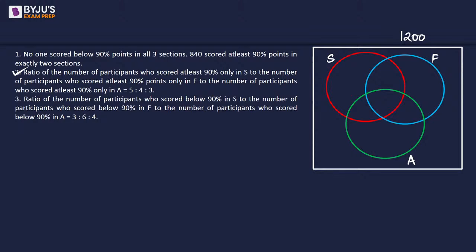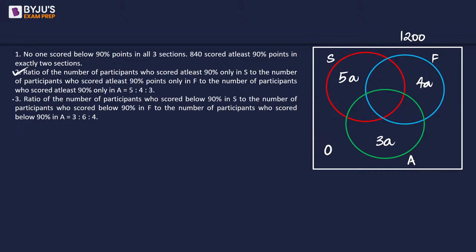So let's look at second point. Ratio of the number of participants who scored at least 90% only in S is 5A. Only in F is 4A. And only in A is 3A. Okay. There is nobody who scored below 90% in all the 3 sections, right?